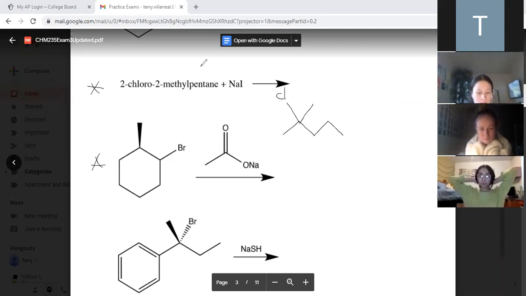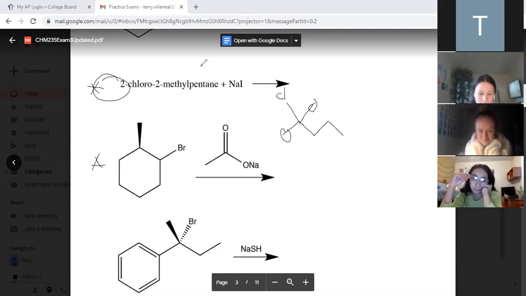It is not, because you have a methyl and a methyl coming off. What is a key indicator also that it's not a stereocenter? They didn't tell you it was, right?